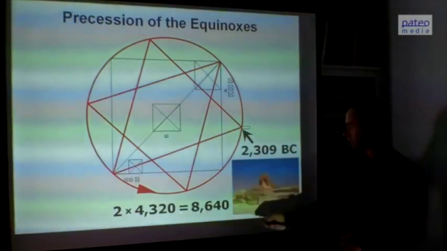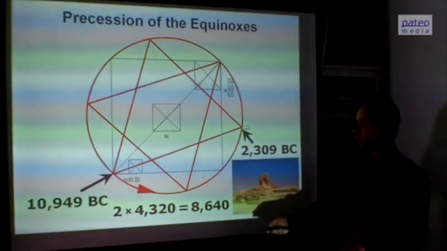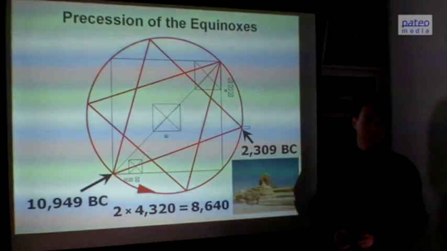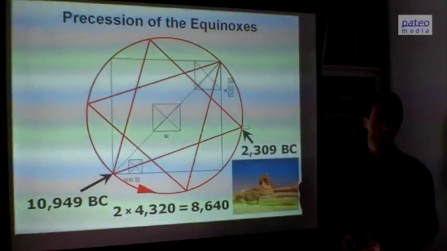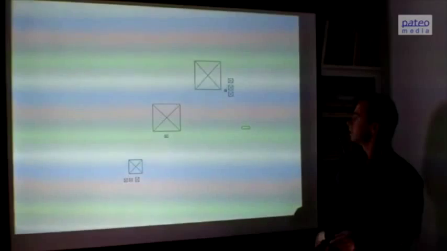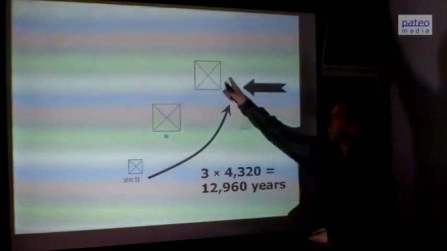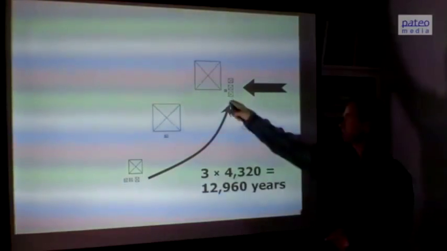So when we go back 2 times this period, 4,320 years, then we come here. 10,949 BC. That was the moment here. That is when Leo started. So that means that after a period, we are now here. After nearly 13,000 years. This is what we should see now. And that is true.